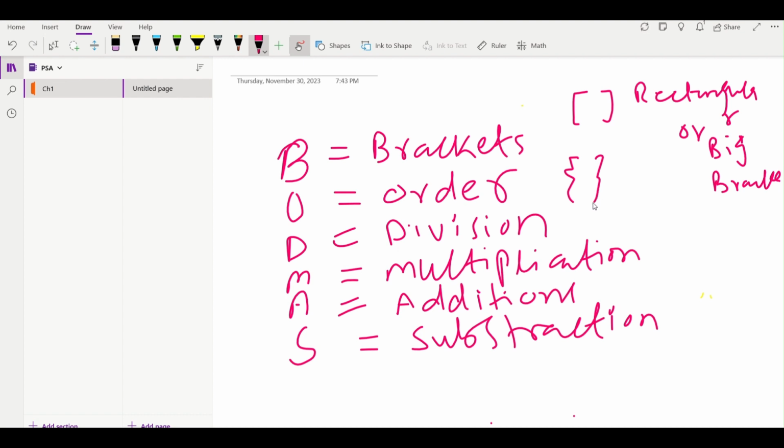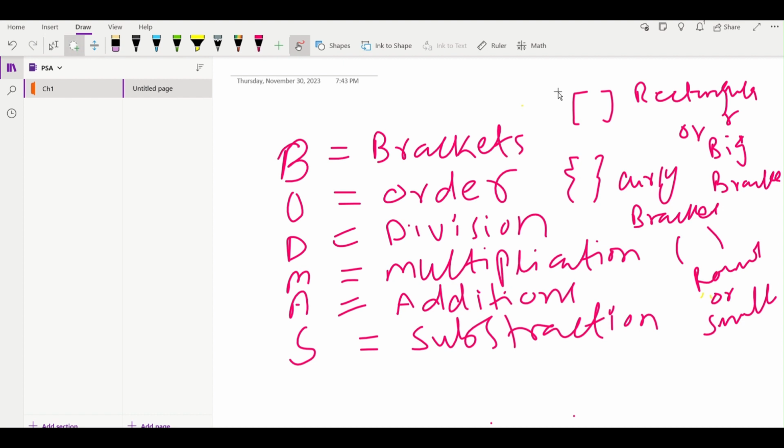These are curly brackets. And the final one is the round or small bracket. So these are all types of brackets. We have to solve these brackets first according to the BODMAS rule.